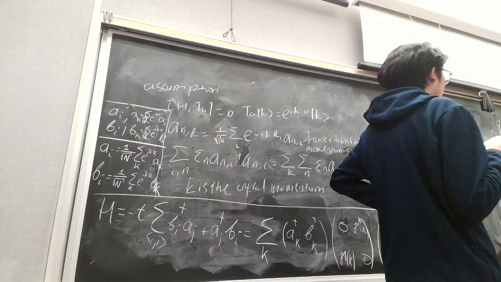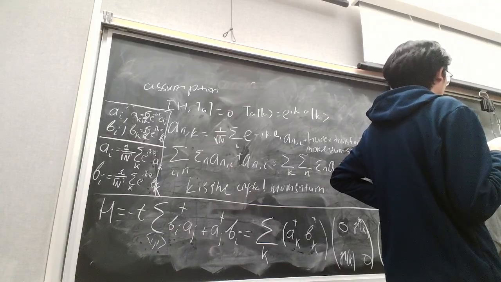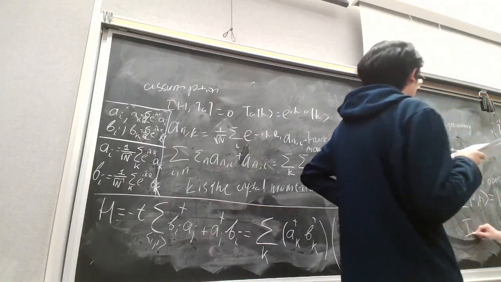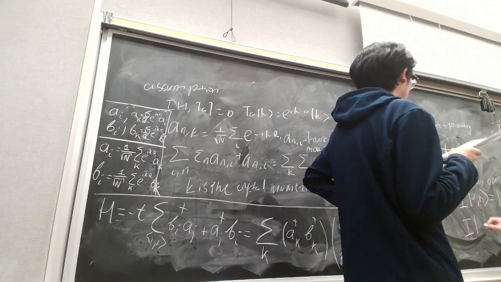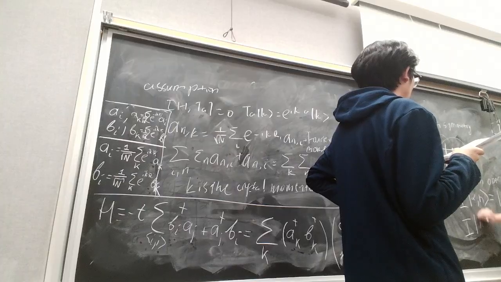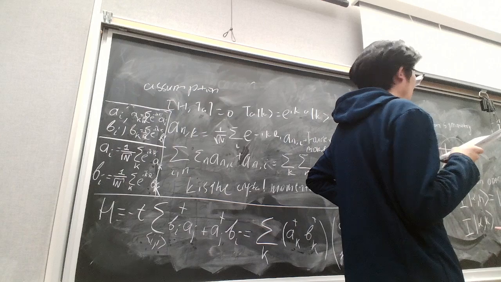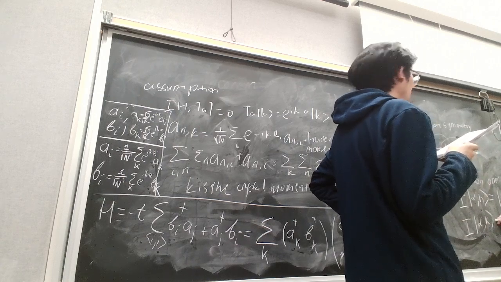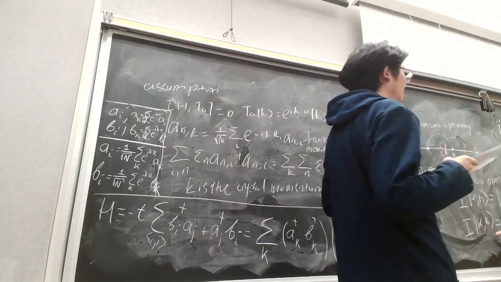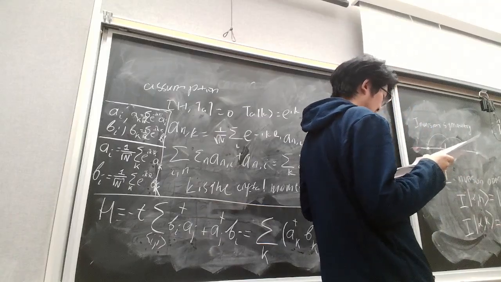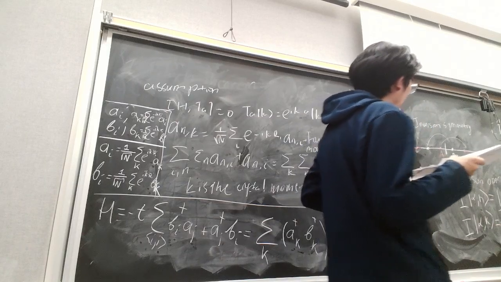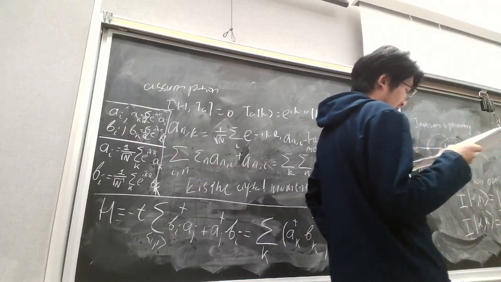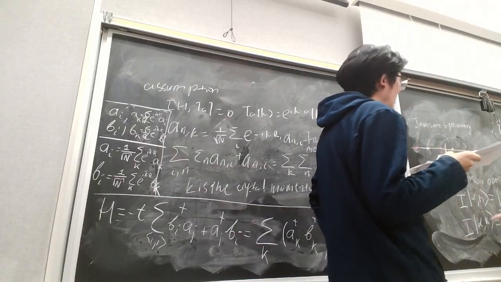Now, I think what you're about to say is, suppose I act with the inversion operator on a state of flavor alpha with momentum k. Do people remember how this was defined? How do I get this state from this one?